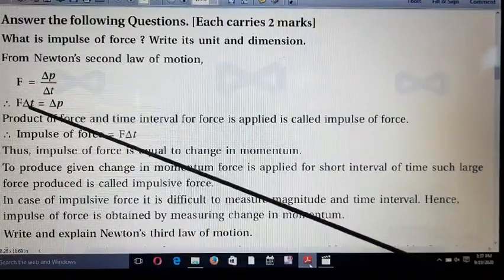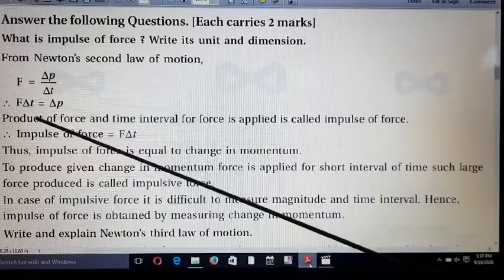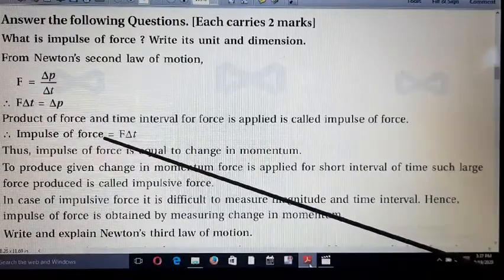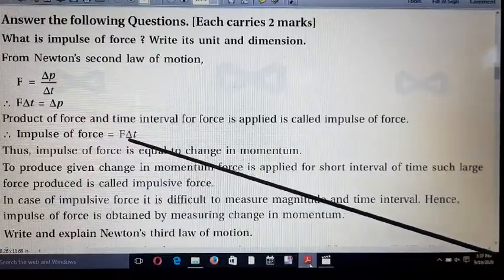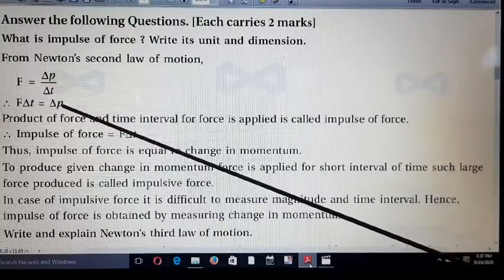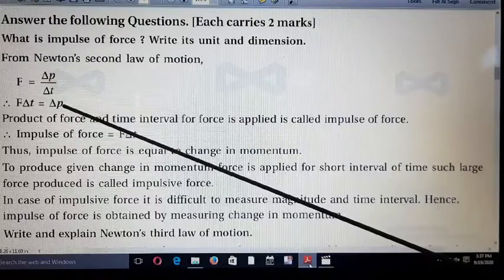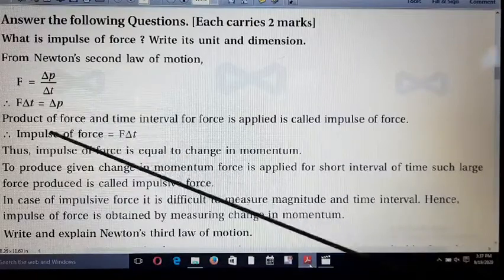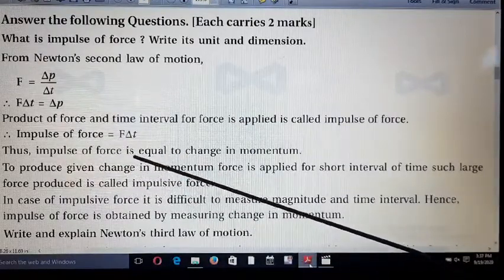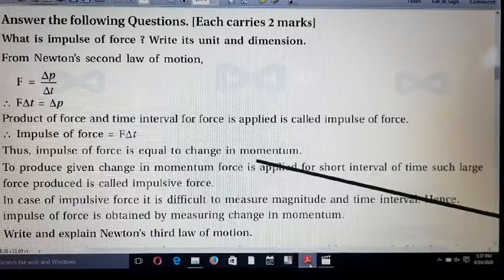Look here, F delta T is called impulse of force, meaning F delta T is equal to delta P, where delta P is the change in momentum. So we can say that impulse of force is equal to change in momentum.